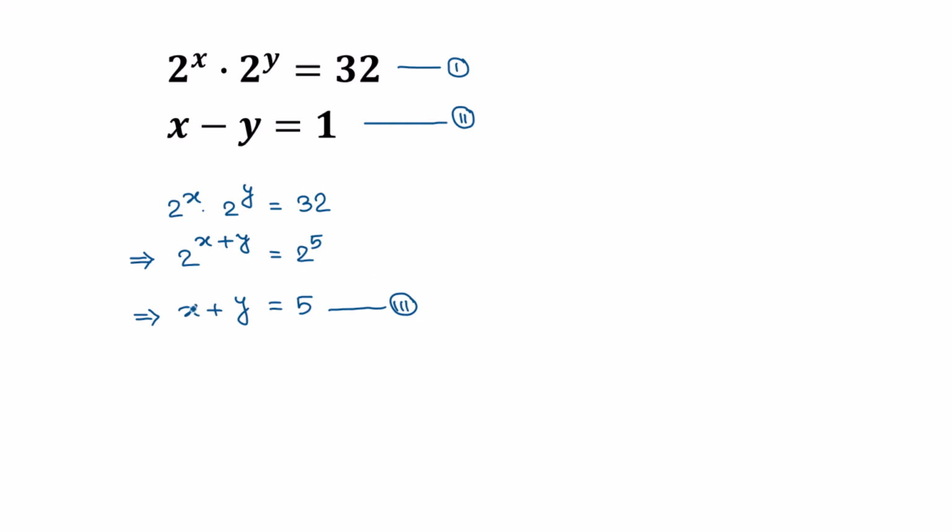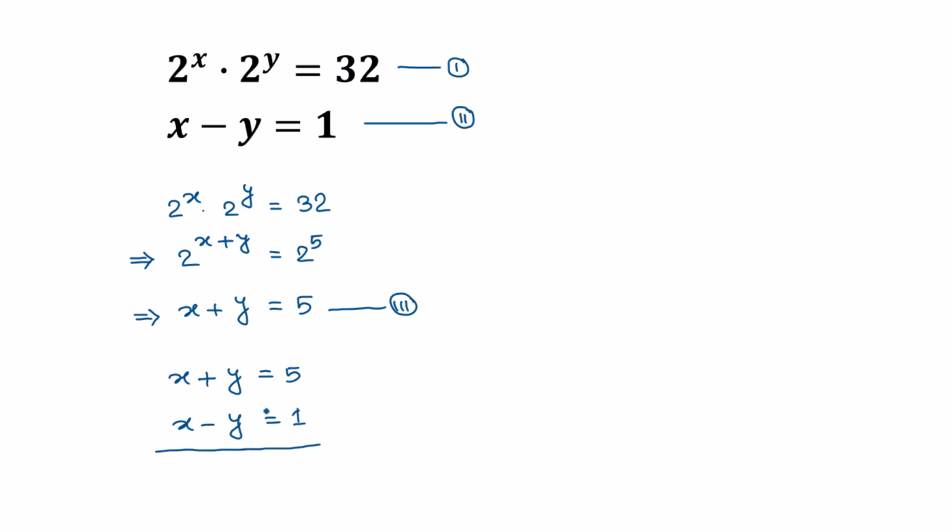Now if we add equation 3 and equation 2, from equation 3, x plus y is equal to 5, and in equation 2, x minus y is equal to 1.